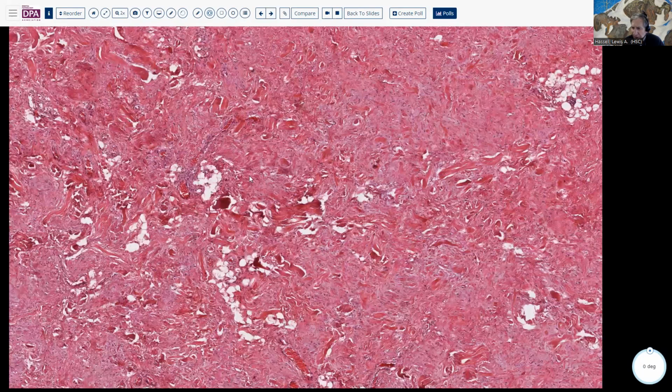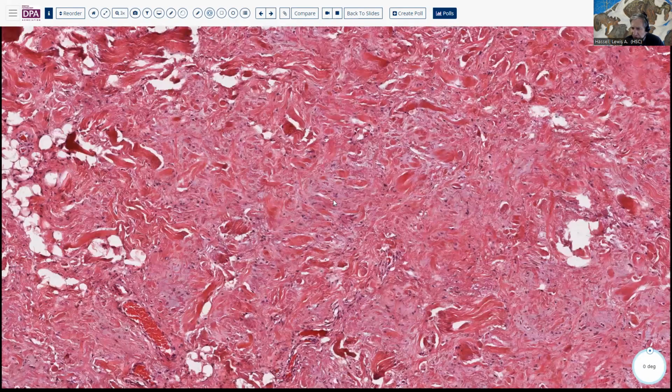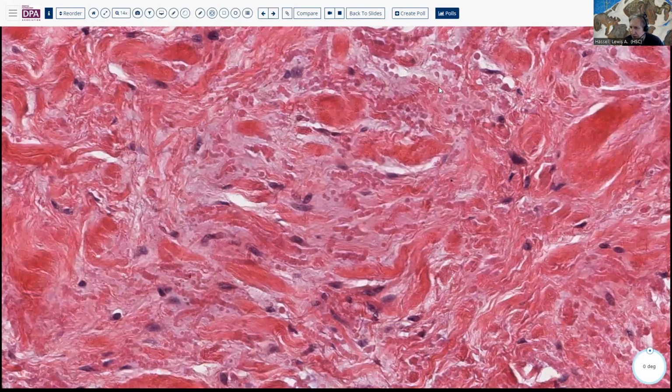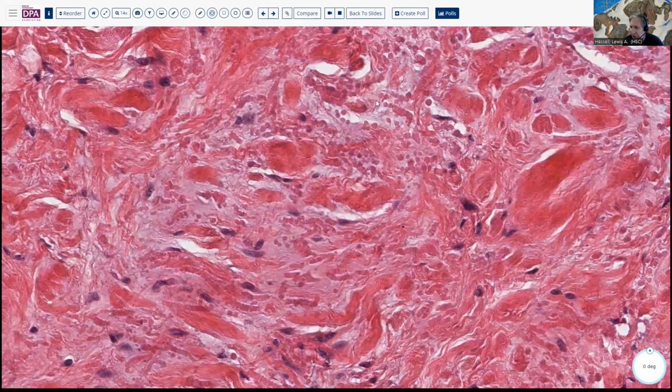So here's another lesion that can also occur on the back, although this lesion tends to be in women. And again, it's fairly low cellularity, but notice as we come in here, notice these bead-like, slightly more eosinophilic fibers in here.